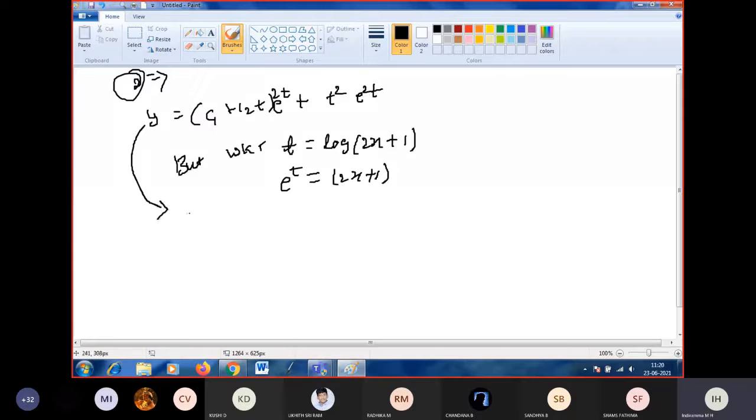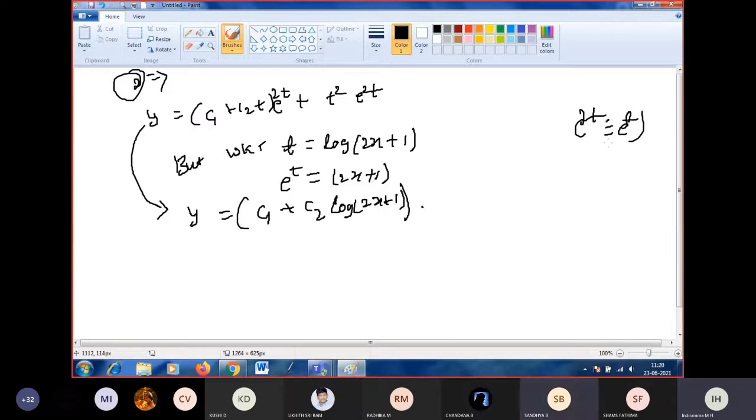Okay, so we obtain y is equal to (c1 plus c2 into t), where t is nothing but log of 2x plus 1, into e power 2t. e power 2t I cannot substitute directly, so e power 2t can be written as (e power t) whole square. Correct? What is e power t? 2x plus 1, whole square.